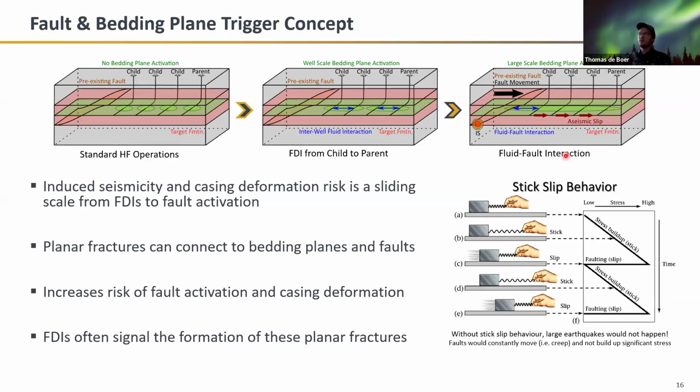And so from that perspective, we can see that all of these are caused essentially by the presence of larger, less complex, and more planar fractures, which are prone to this deformation process. And when this deformation occurs, it directly increases our risk of induced seismic events on nearby faults, as well as casing deformation in areas where those planes intersect our wellbores.